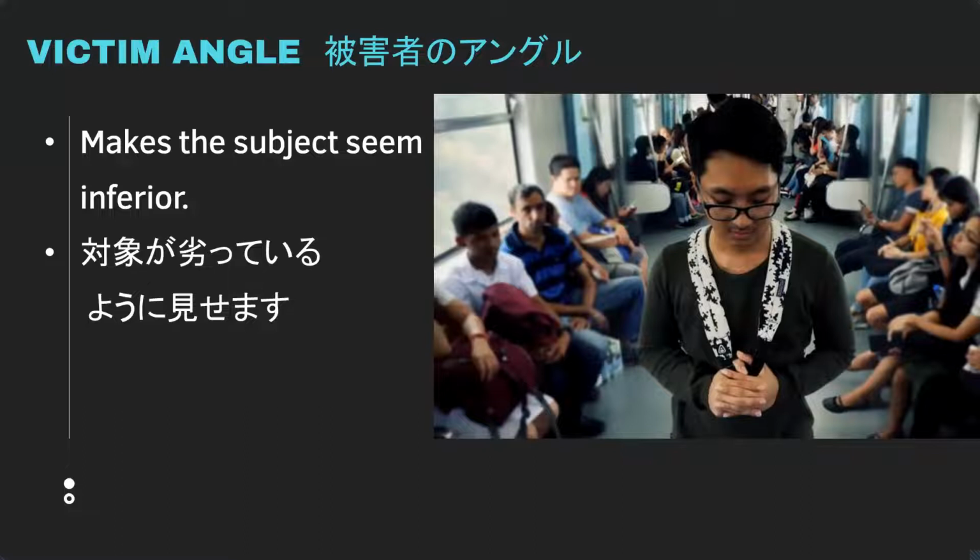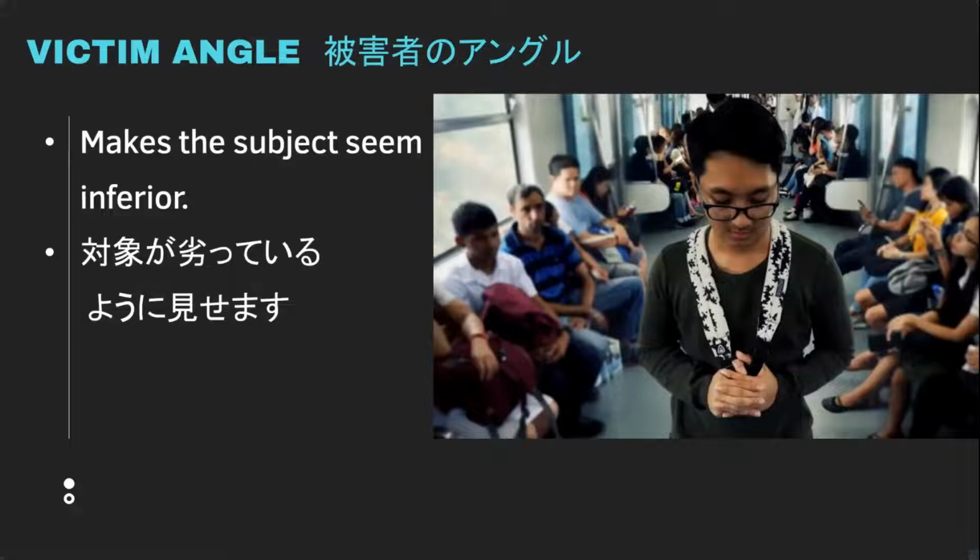If you're doing a conversation between a villain and another character in the film, and you do it side by side with a hero angle and a high angle, it puts the comparison, the imbalance of power between the subjects.